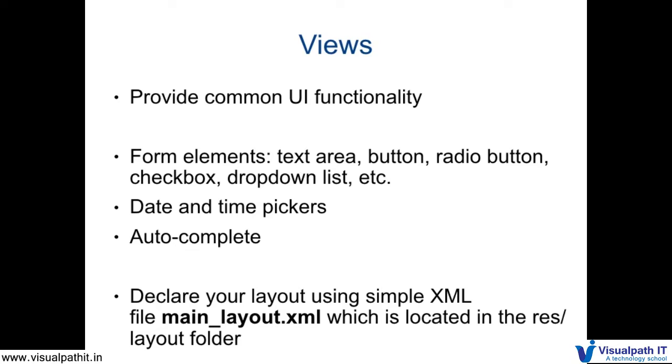For example, there are different kinds of layouts like linear layouts, relative layouts, constraint layouts. These are the layouts which will help to align the views. When I say views, in another term we can call them widgets. Like in HTML, there are buttons, labels, text fields, radio buttons, drop downs, checklists, spinners.